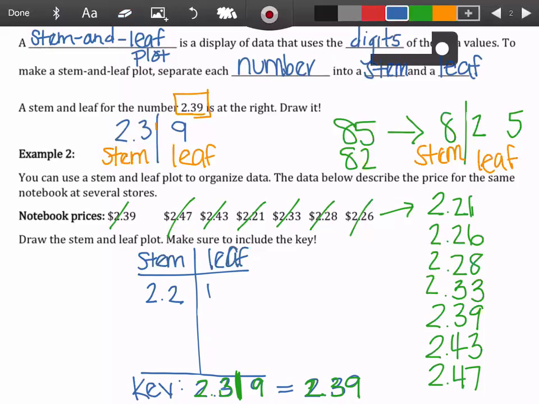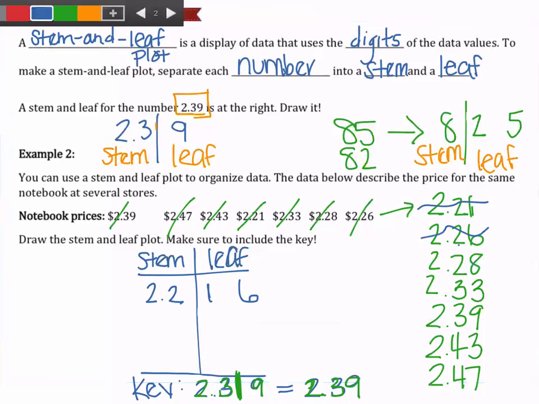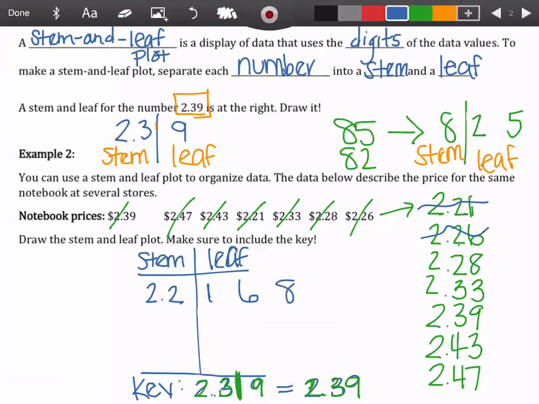And now we have to do the same thing with 2.26. So we're going to leave a space in between 1 and 6. And then 2.28, we have 2.2 here, and then space 8.